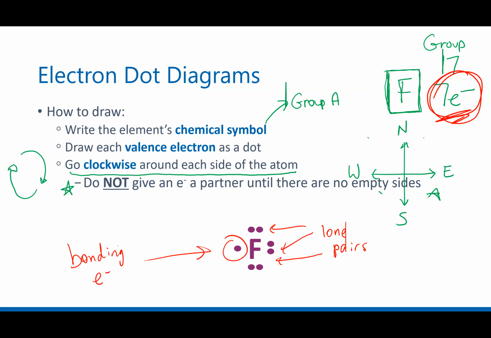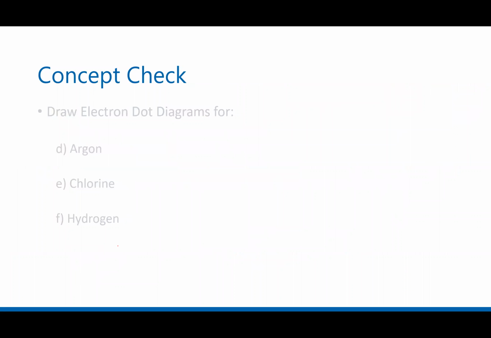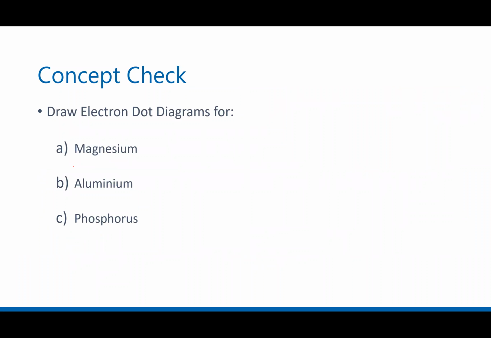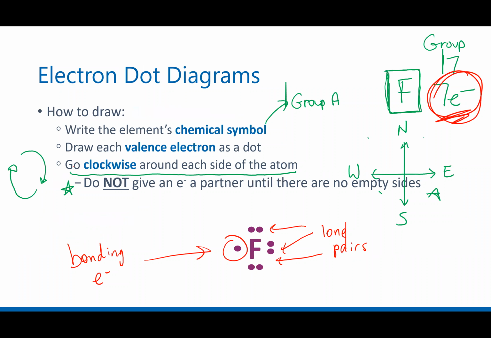If this makes no sense, just watch the next slide. On this slide, I'll explain something really cool about how this works. Drawing this electron dot diagram tells me that fluorine has 1 bonding electron, and it's probably going to form 1 bond, a single bond, we call it.